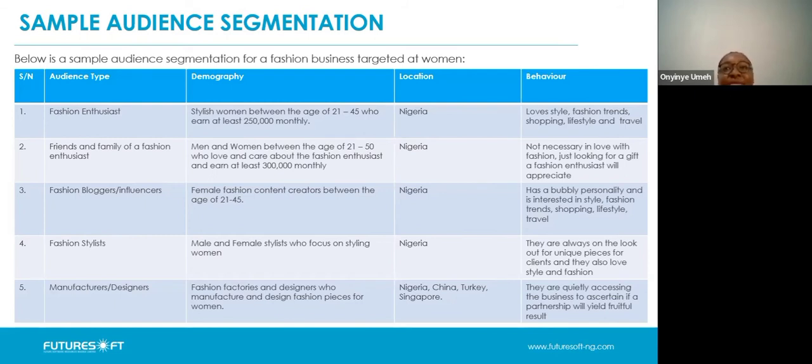A fashion enthusiast does not exist alone. They exist in the world of style, of fashion, of travel. And people who are not fashion enthusiasts look up to these people, even if they would not buy as much or show off as much. They would believe and trust a fashion enthusiast's recommendation.